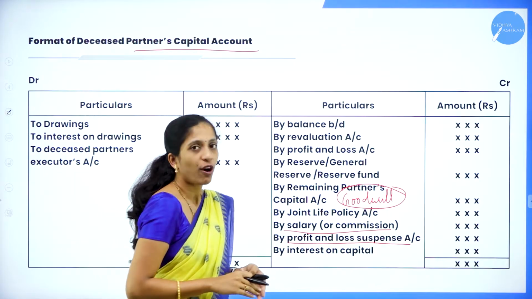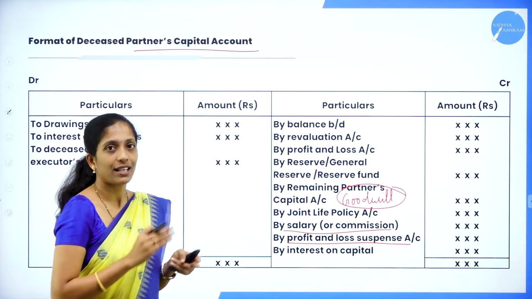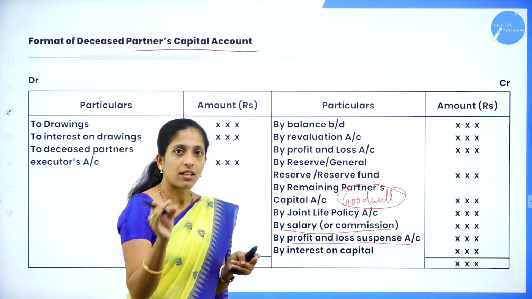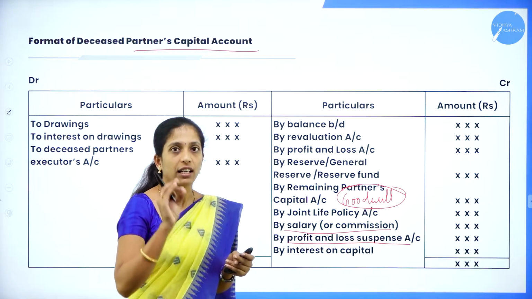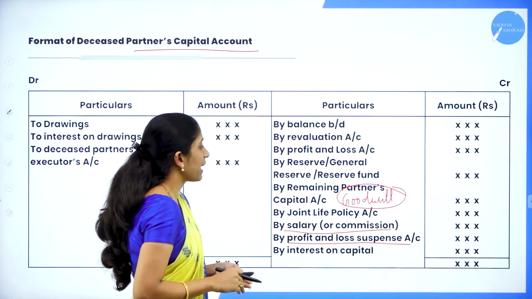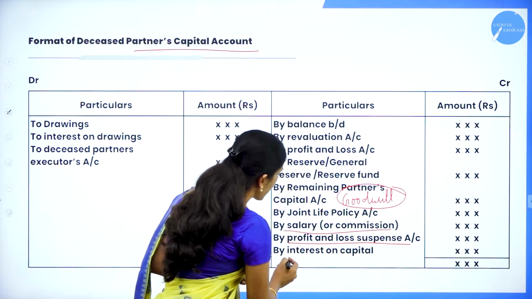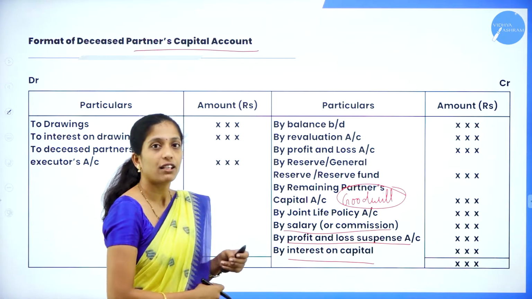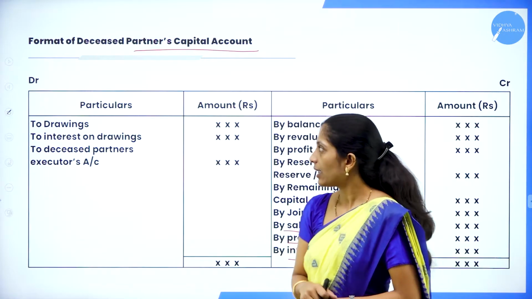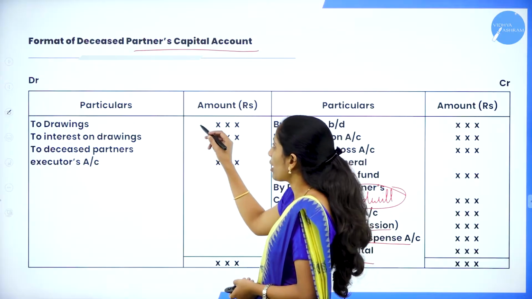That is known as profit and loss suspense account, from the start of the financial year till the date of death. The profit has to be calculated, and that will be recorded as profit and loss suspense account. And if there is any interest on capital to be given to the deceased partner, it will be recorded on the credit side. Coming to the debit side, his share of drawings.